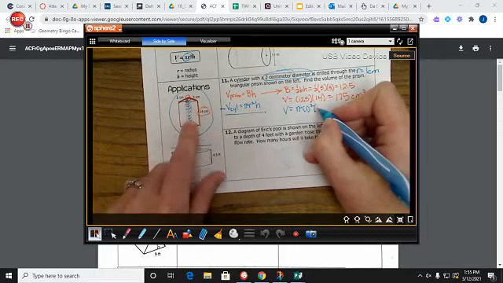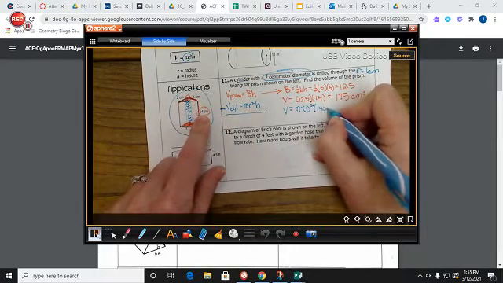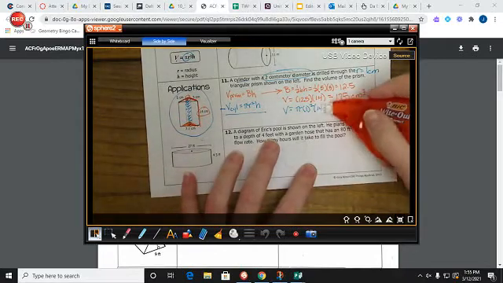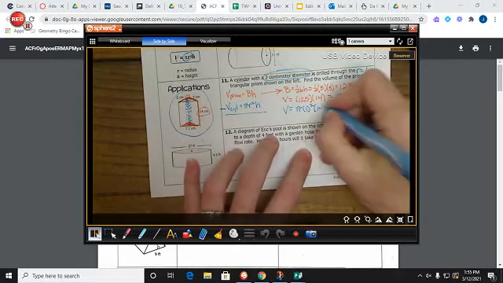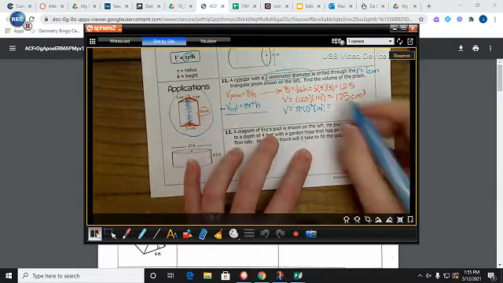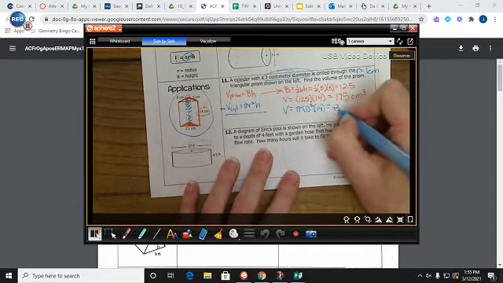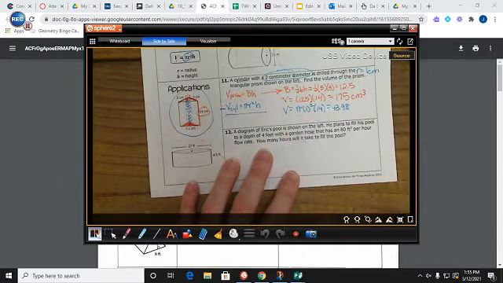And then the height of the prism is still 14 centimeters. And why in the world did I write the centimeters on there? I didn't even need to because I'm not at the end yet. Silly Mrs. Cerna. And so when I put that in, I end up getting about 43.98 when you work it out with whatever pi is.